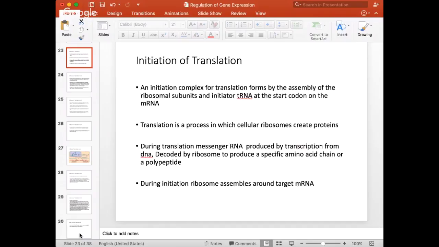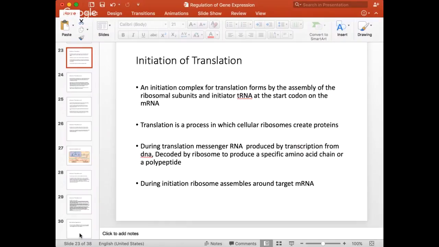During initiation, the small ribosome subunit binds to the start of an mRNA sequence, and transfer RNA molecules carrying amino acid methionine bind to what is called the start codon of the mRNA sequence. Each corresponding amino acid is added to the growing chain and linked via a bond called a peptide bond. So elongation continues until all codons are read.